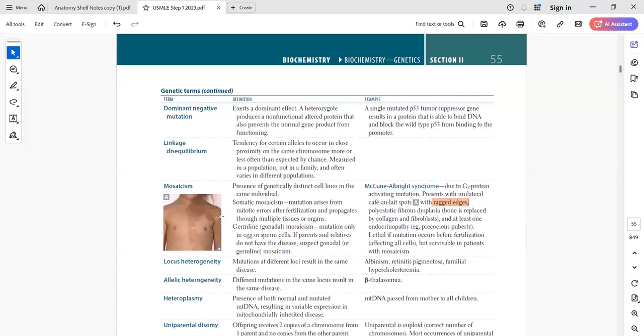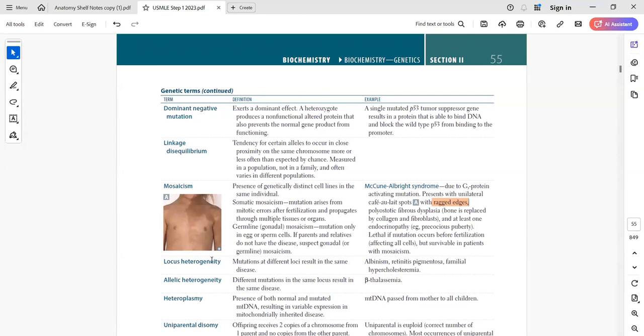These are just macules, dark brown macules, which we call café au lait spots. They're also present in neurofibromatosis, but in NF1, they're widespread. But in McCune-Albright syndrome, they're in a pattern. You know what I'm saying? That's how you distinguish them. So, they're in a pattern with ragged edges. You see the edges? They're not distinct, they're ragged.